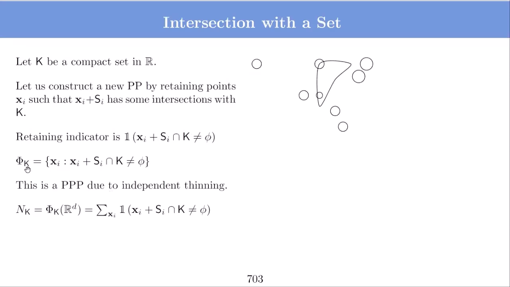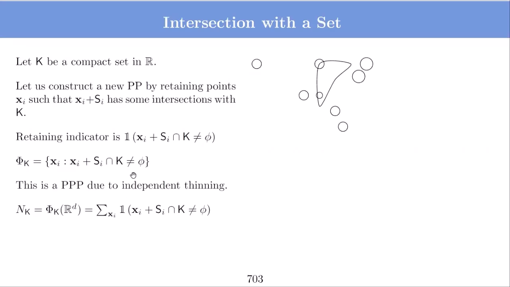The new point process, let's denote it by phi_K, consists of all xi in phi such that xi plus Si intersection with K is non-empty.